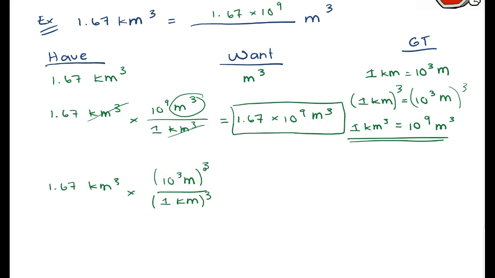This is another way to do it. I like to go ahead and write out the conversion factor or rewrite it, but it's up to you. It will get you to the same answer just as long as you cube the numbers. So I still get 1.67 times 10 to the 9 meters cubed. So lots of different ways to solve the same problem. You're welcome to use whichever one works best for you.